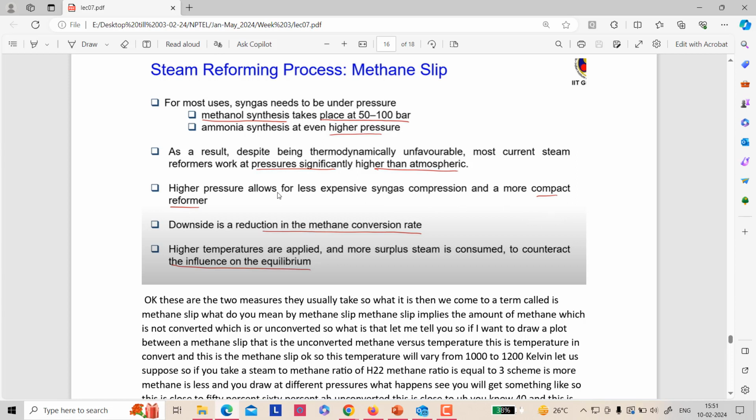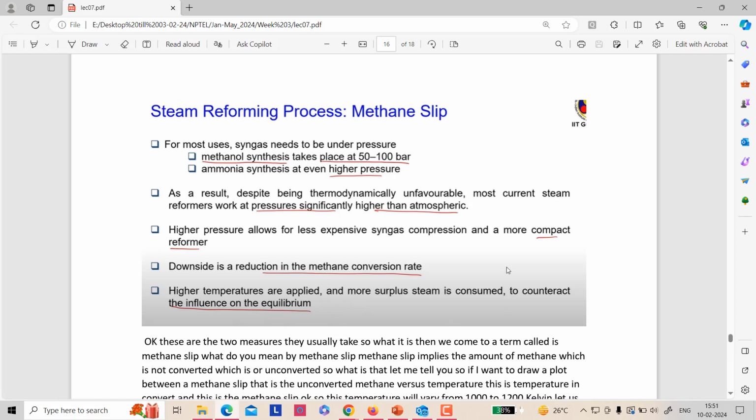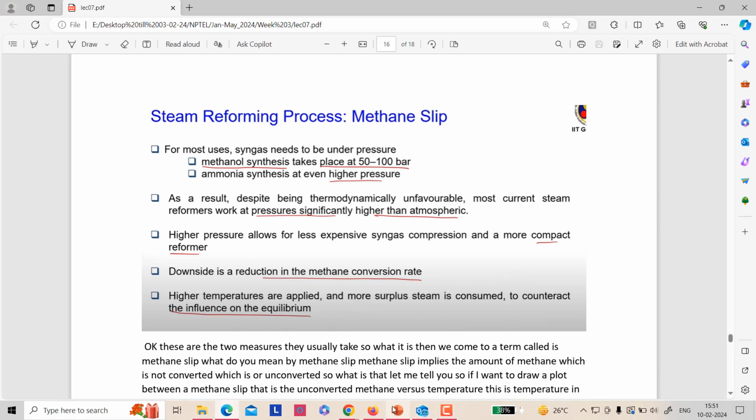So even if that is thermodynamically unfavorable, it produces less expensive syngas. So from the point of view of economics, we will use high pressure as well as high temperatures, and we will add more steam, or surplus steam, for the syngas production.